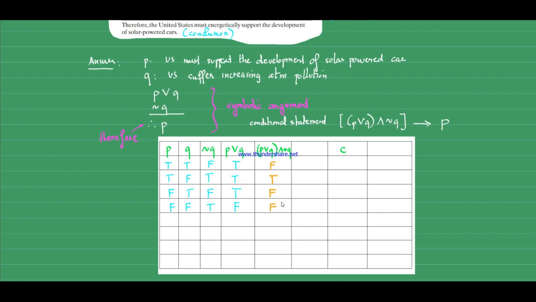Okay. And now we're gonna do the conditional statement. So this implies this. False implies true. Remember the example I gave you.